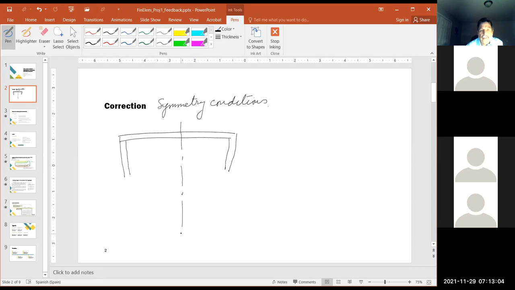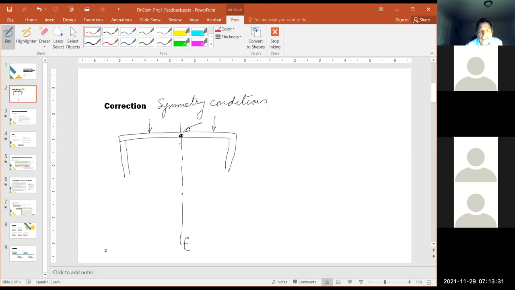Let's suppose that we include here a joint. If we have symmetry, for example, an application of the load here and a symmetrical load down here, this is going to deform.